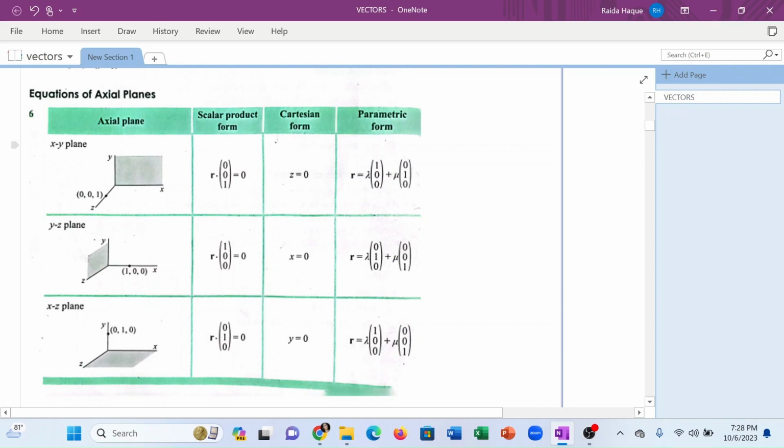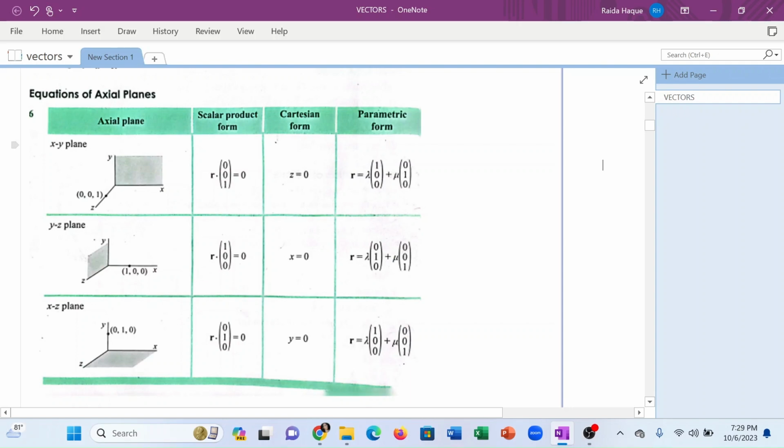Now moving on to the YZ plane. If the plane lies purely in the y and z direction, then obviously the x-axis is the normal, and the simplest way to define the normal is 1, 0, 0. And if we multiply the normal with r, the product we get is 0. So then we have our Cartesian form, x equals 0. And then the parametric form, again, it passes through the origin.